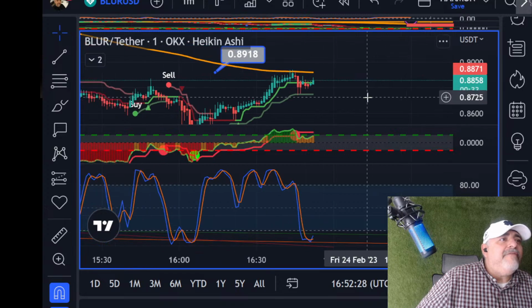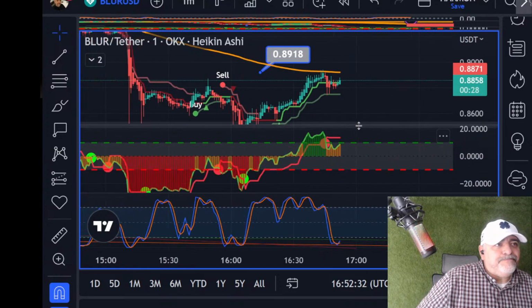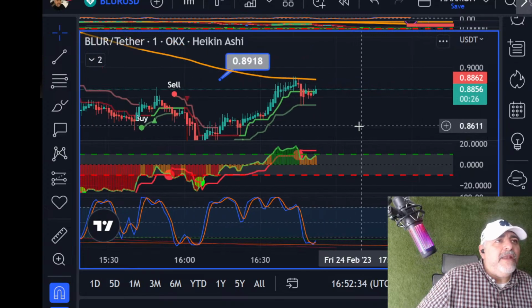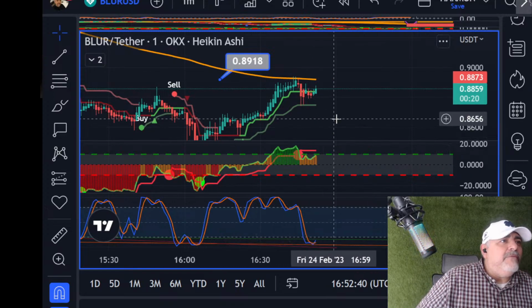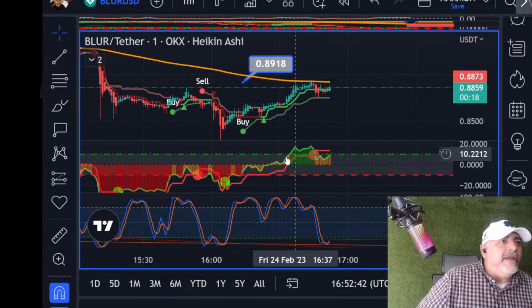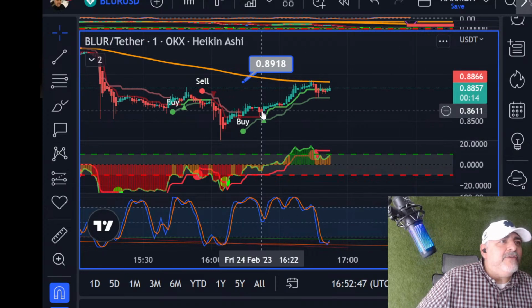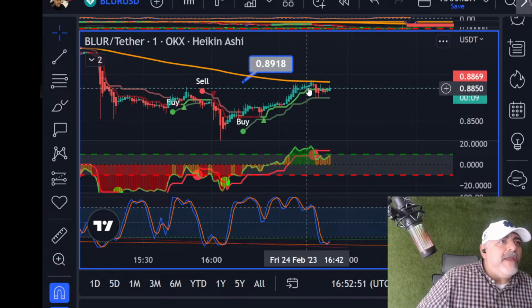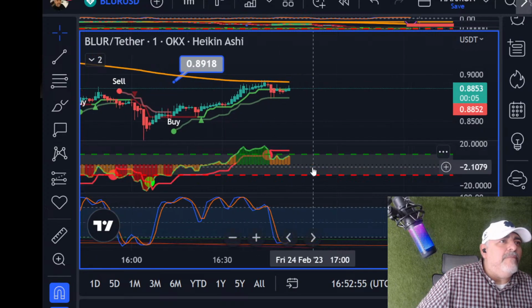Now, while we're in the academy, guys, let's go over the trade that we have, right? Let's make sure that we're looking at where we're at. This is falling a little bit short here. The sellers are still moving up. But look, originally, the original trade is what, right? We have a green moon, a green buy, and a trend. This is a buy signal for Blur. Blur should have bought at 86 cents and rode it all the way up. And right now, we have what's called a moon reversal, right?